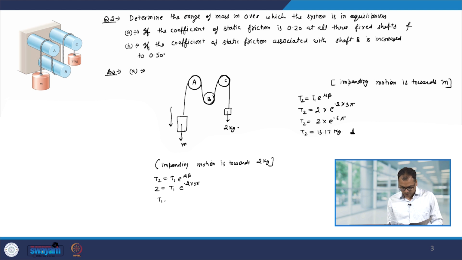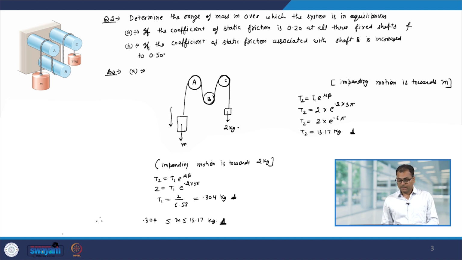So, from here we get T1 equal to 2 over e to the power 0.6 pi, which is 6.58, and this gives you 0.304 kg. Therefore, the range of mass m for which it will be in equilibrium is m should be less than or equal to 13.17 kg and larger than or equal to 0.304 kg.